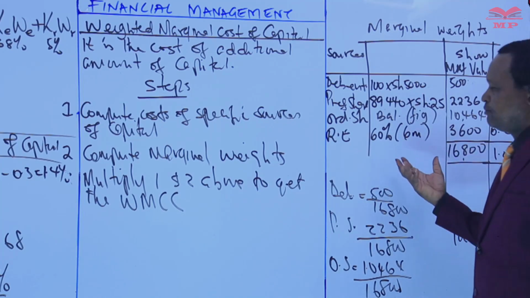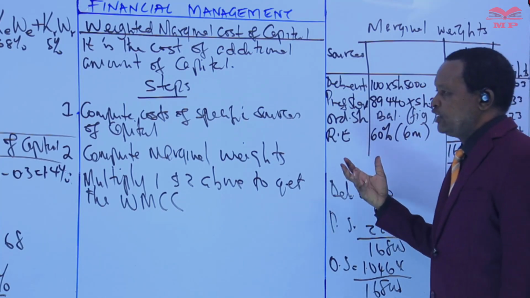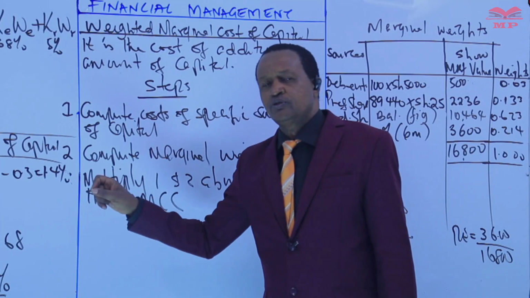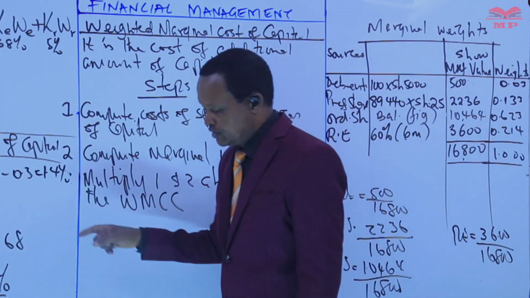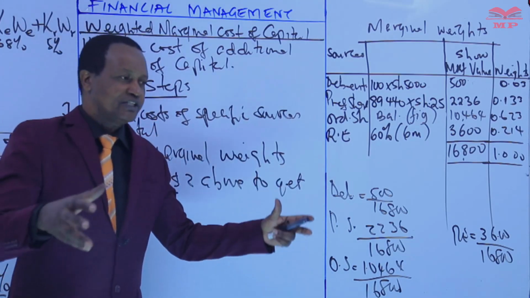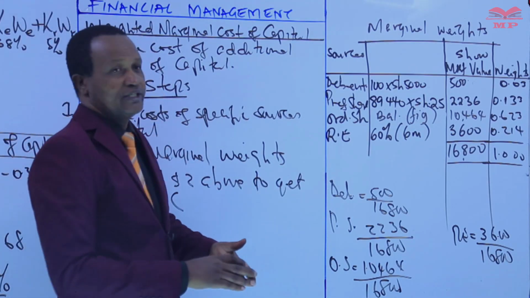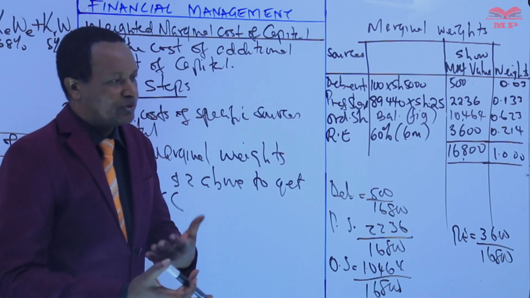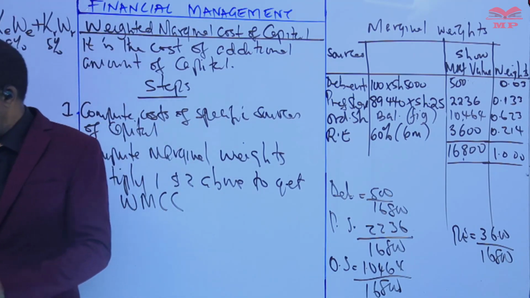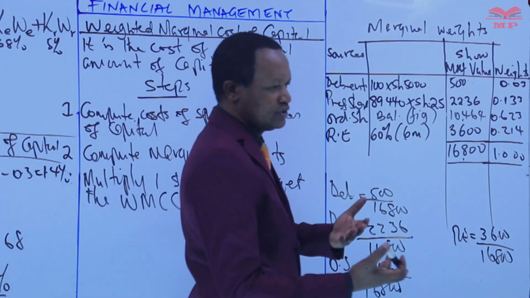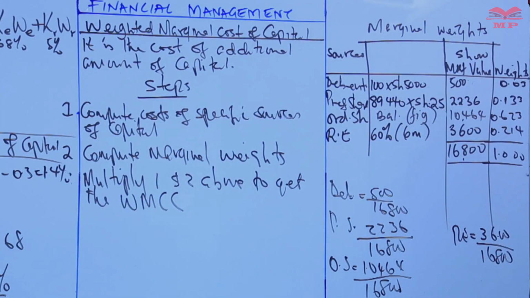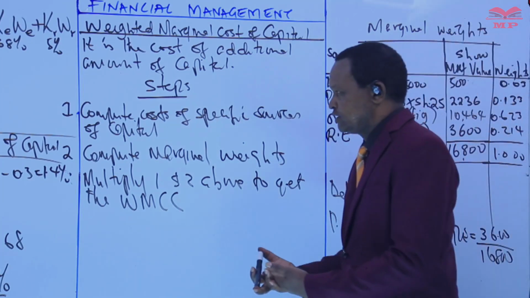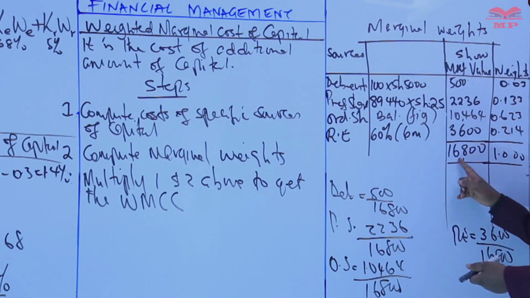And you can see here, the company would want to invest in a new project. I'm now answering the question that was asked by someone: what's the difference between weighted marginal cost of capital and the weighted average cost of capital? This is a company that is already in operation. The question reads that the management intends to invest in a project, and this project is going to cost the company 6.8 million.